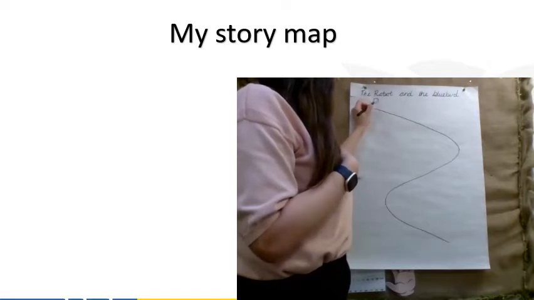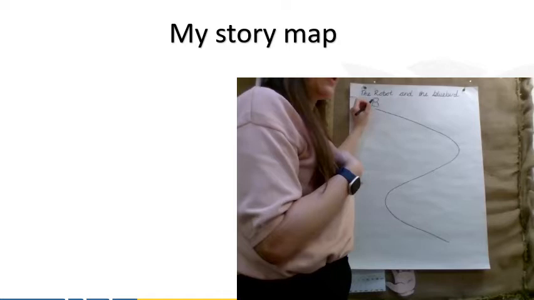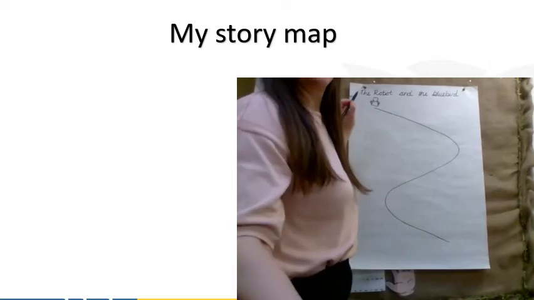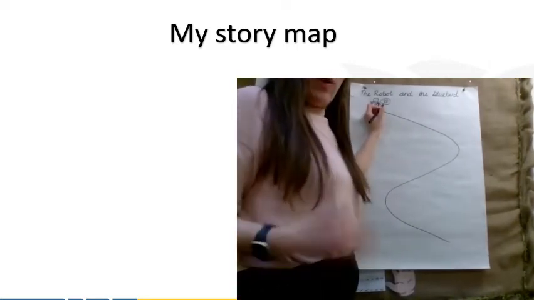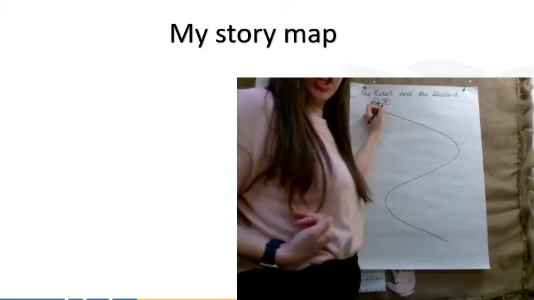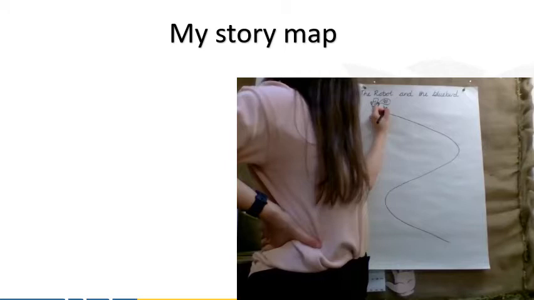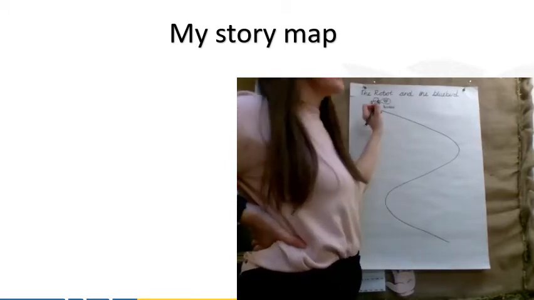I'm going to draw our special robot at the top here. His heart is broken. We worked on that word yesterday, didn't we? The adjective broken. I was going to write it here. Broken heart.